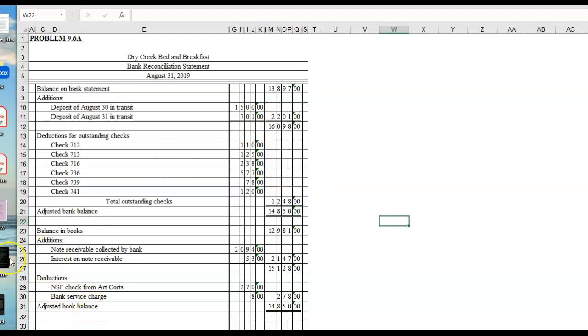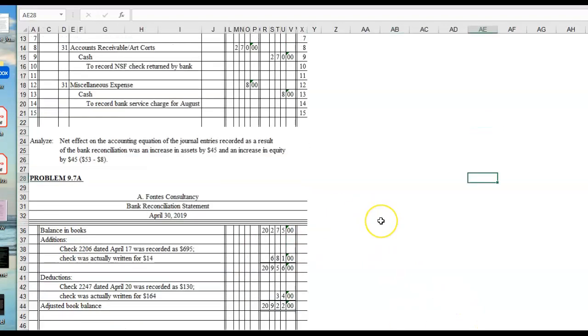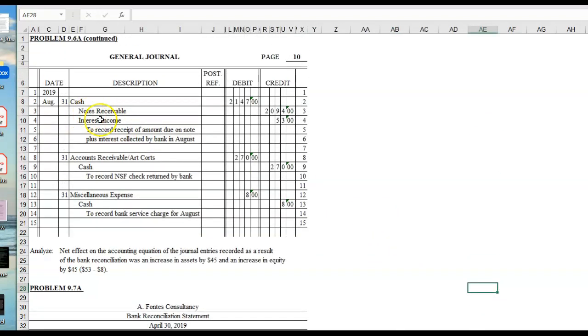Then you're going to have to go ahead and put these things that happened on the business side into the journal, which will be up here. So in this case, you do have more than one debit and one credit. You'll have a notes receivable, but then you'll have the interest income as well, because you'll have to make that debit on the cash and the credit match.